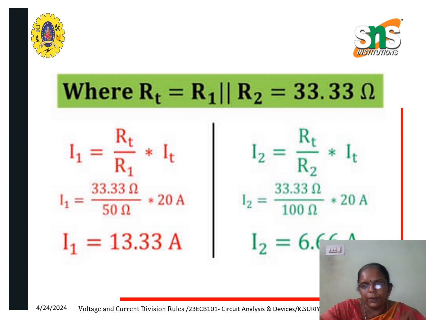So there are two ways of finding the current. When we use R equivalent, we write total current into R equivalent divided by the corresponding resistance. Otherwise, we write total current into opposite resistance divided by the sum of the resistances. You can use any method.